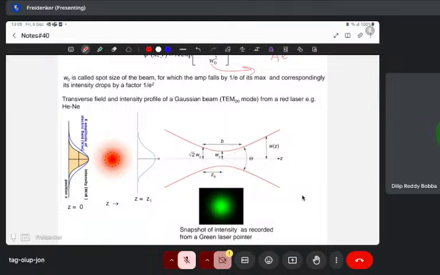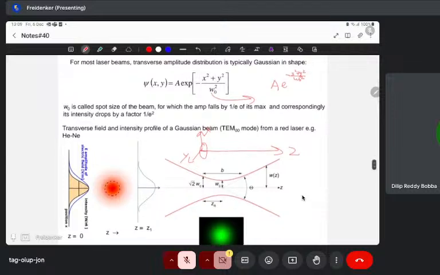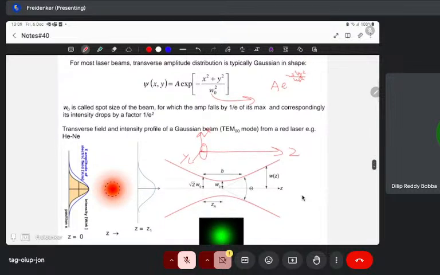So here, what is x and y? If it is moving in z, maybe this is like x and y. So spot size is there and it exponentially decays. So the size keeps decreasing, I think.